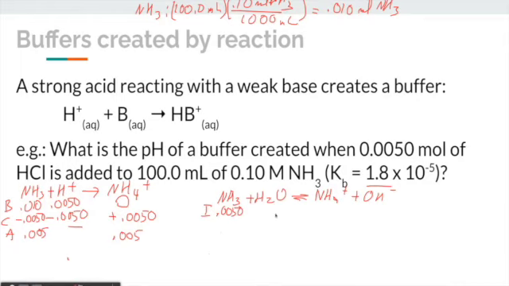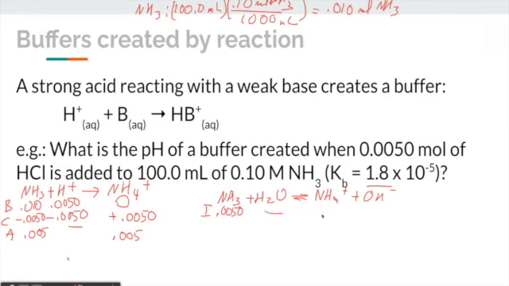It's not actually 0.0050, because this is in 100 milliliters of solution. But in the end, we're just going to end up with ratios anyway, so I'm just going to leave it as moles. I would get the same answer if I divided by 0.1. That would be fine, but I would have to do it. So I'm not going to.